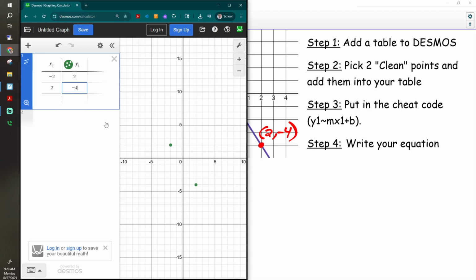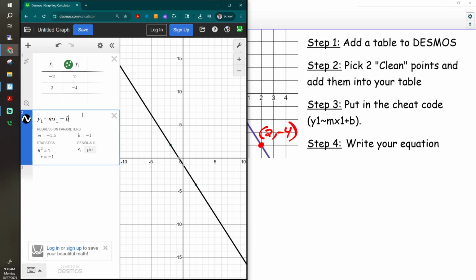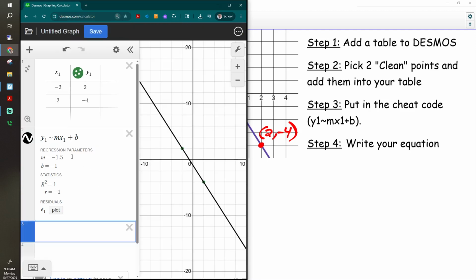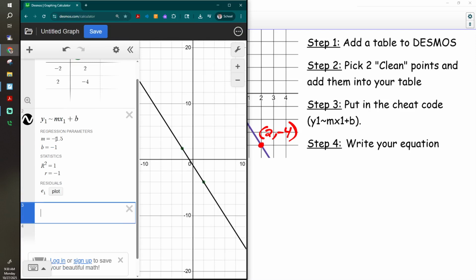Click on the space underneath and type in your cheat code. Now you all know about your m value, right? Your slope. Here's my slope, but look what's right under it. Here's my b value.